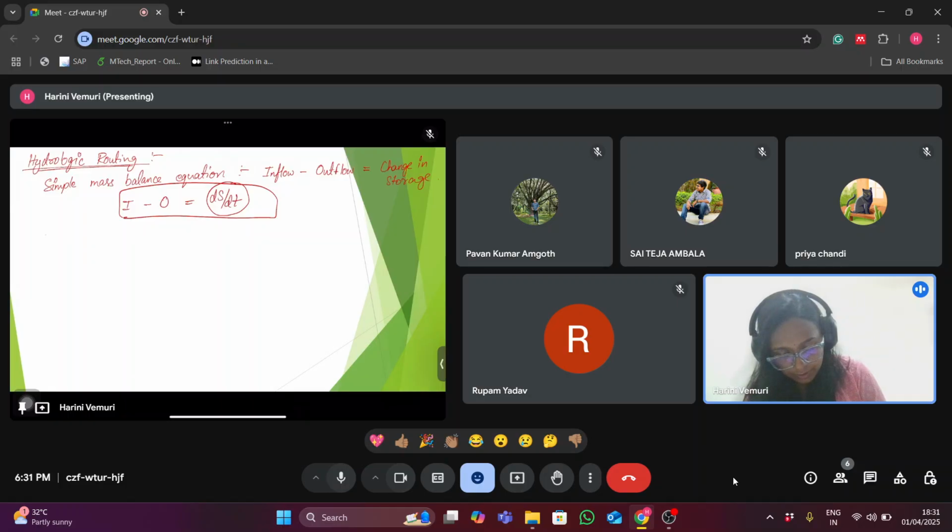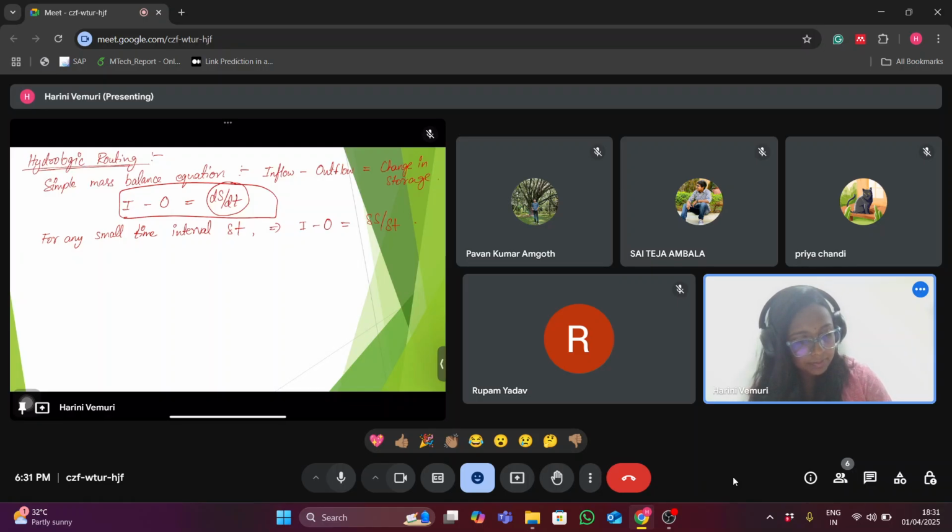So for any small time interval delta t, the equation becomes I minus O equal to delta S by delta t.